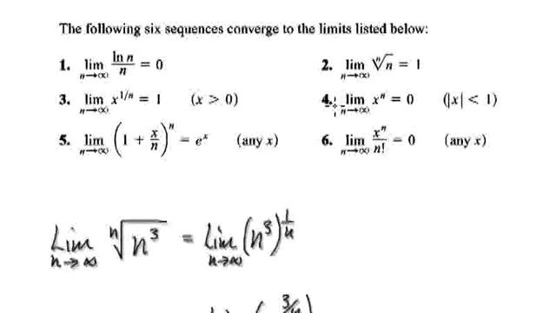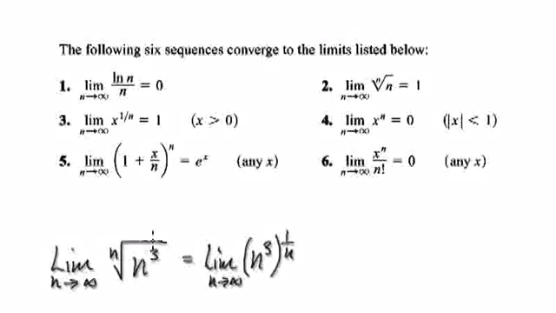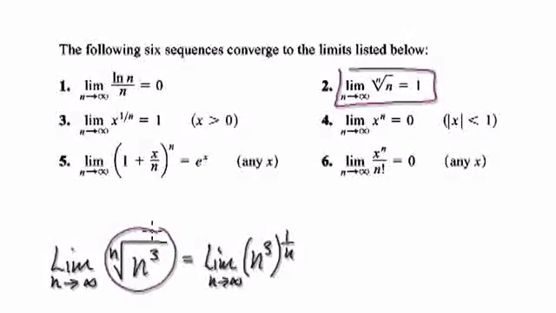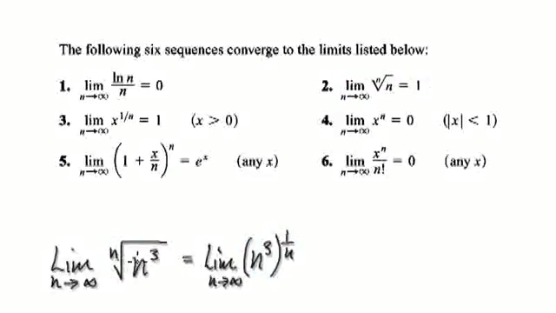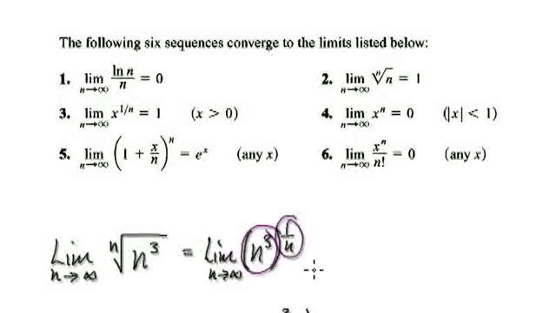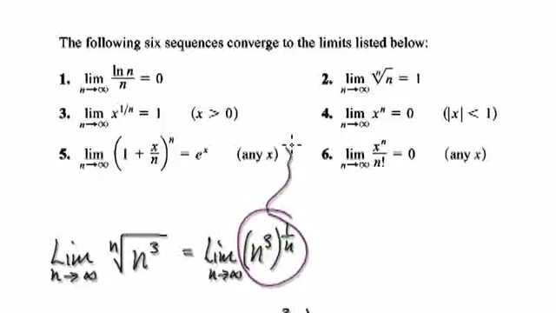Next one. So for this one here, what would be the limit of this as n tends to infinity? So here you would actually make use of number 2, because for this one here, rewrite it as this. So the nth root is really this thing to the power of 1 over n, and then you manipulate this, and then eventually you would get to this thing here.